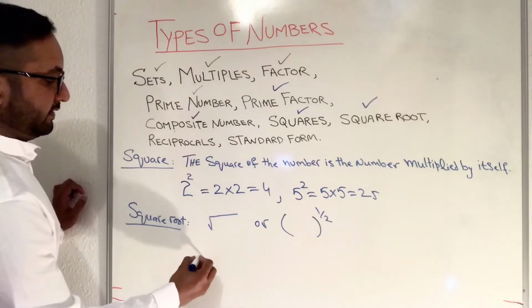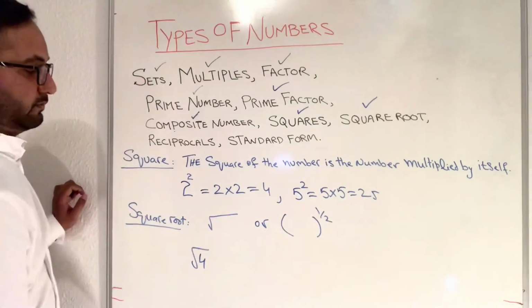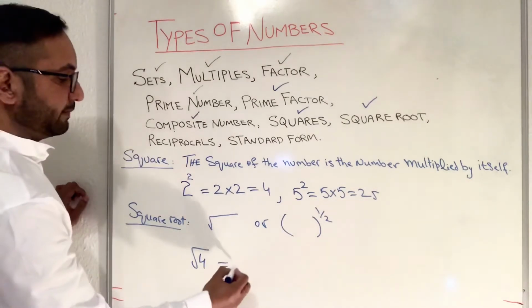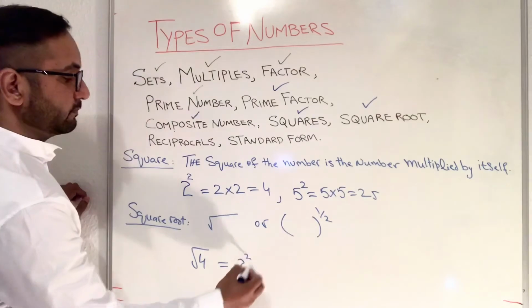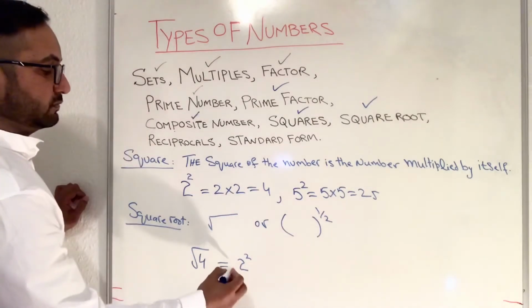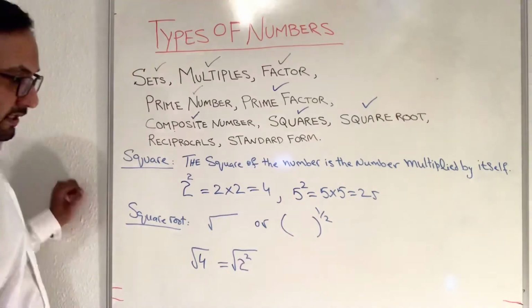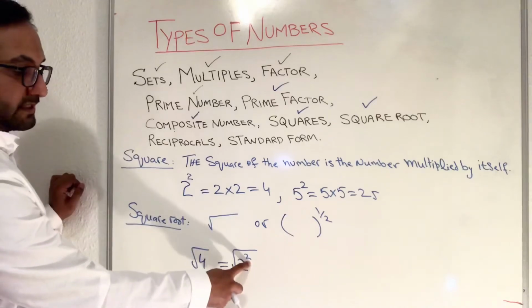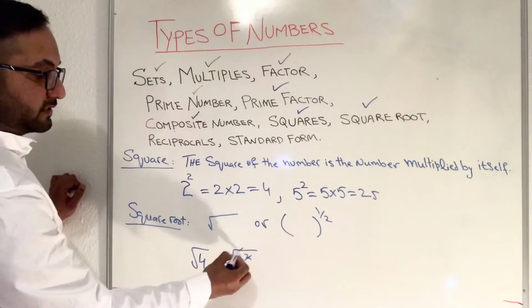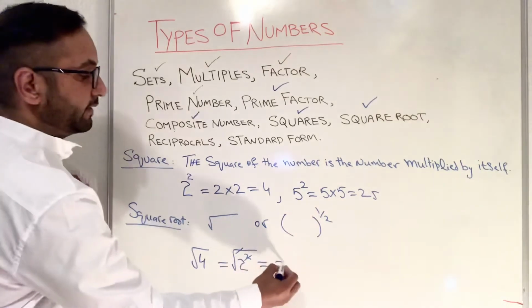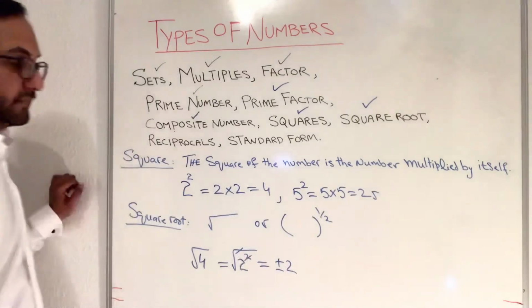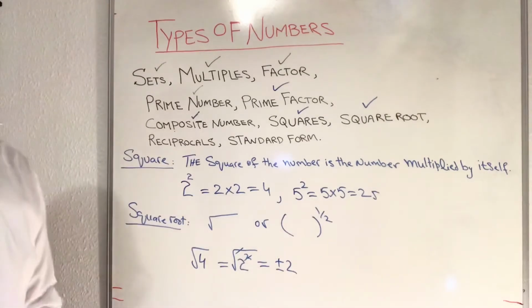They said to find the square root of 4. 4 can be written in the form of 2 times 2, squared. Whenever the square comes up, the square cancels with the square root and we will get two values. One is positive, one is negative.